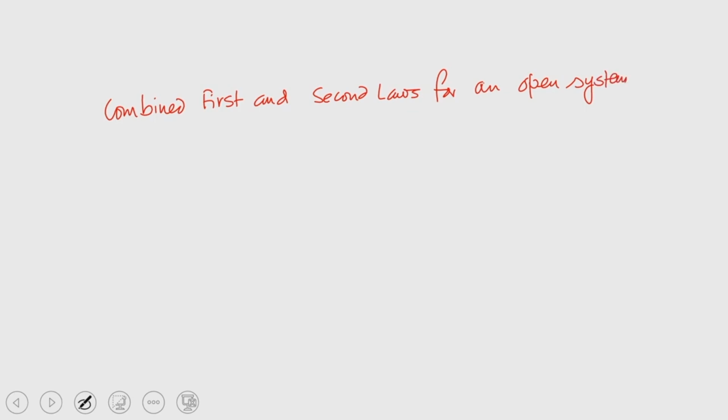If we go to the next slide, we write the combined first and second laws for an open system.